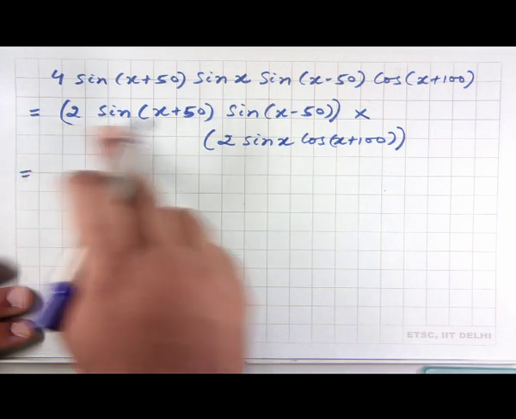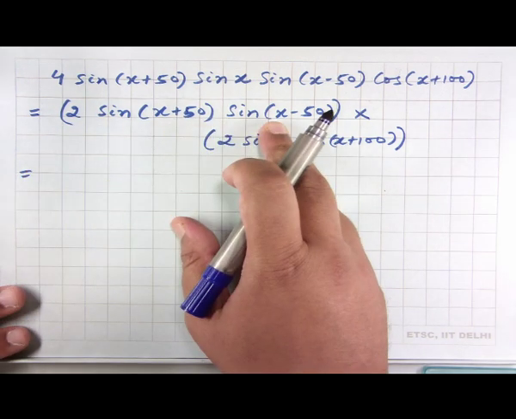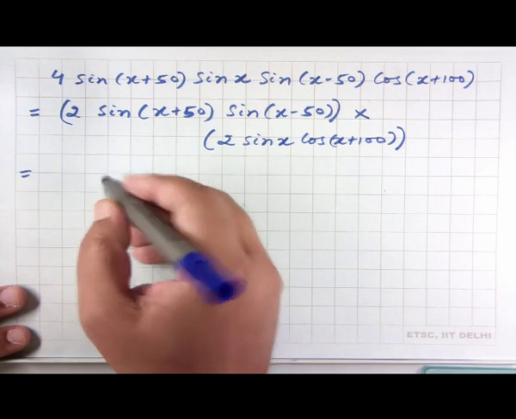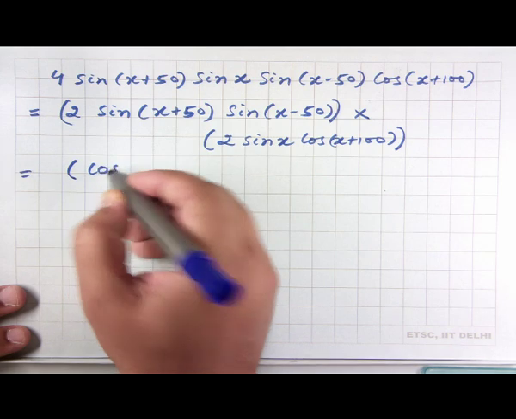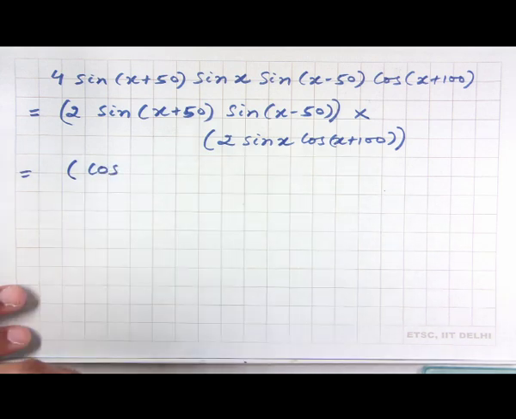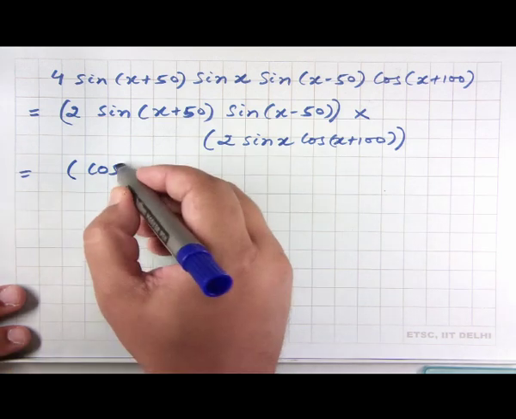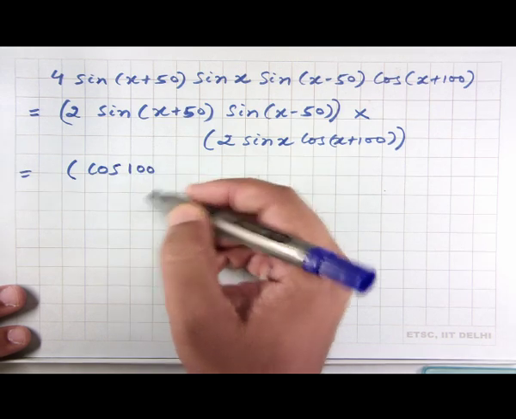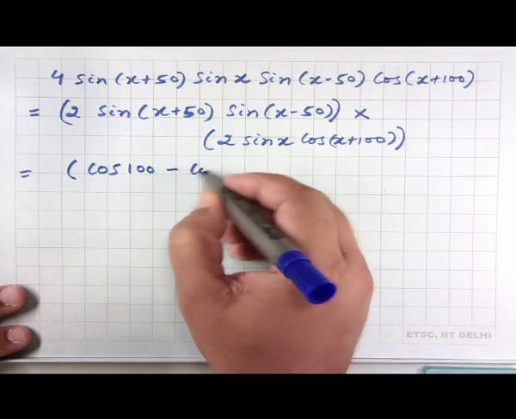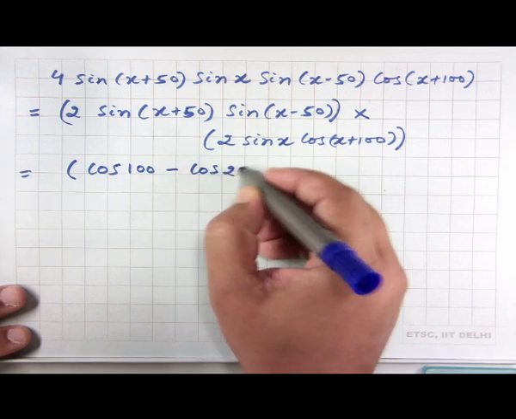Now, this is of the form 2 sin A sin B, which is equal to cos of A minus B minus cos of A plus B. So cos of A minus B will be cos of 100 degrees minus cos of A plus B, which will be 2x.